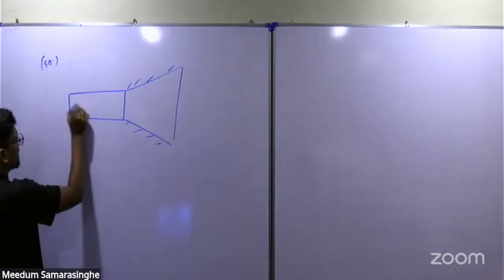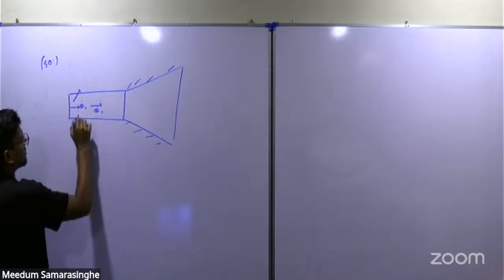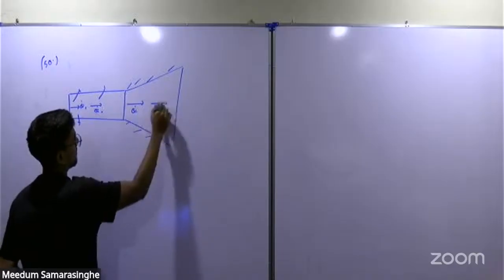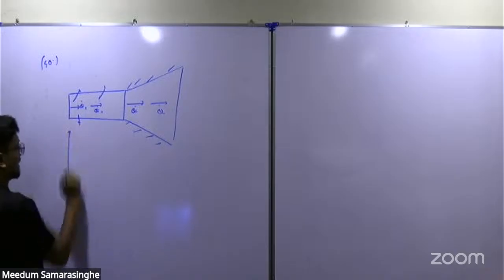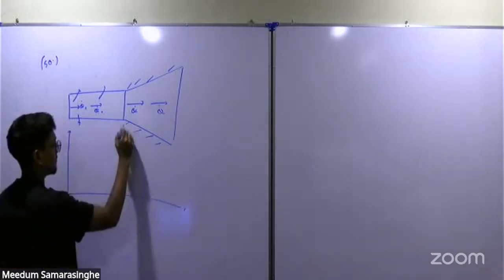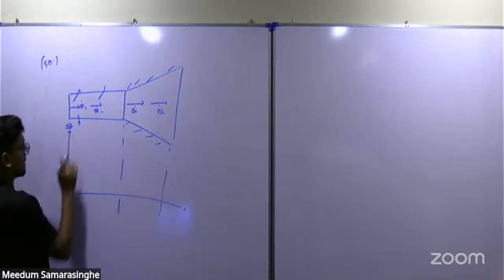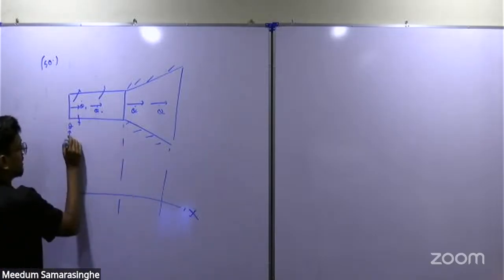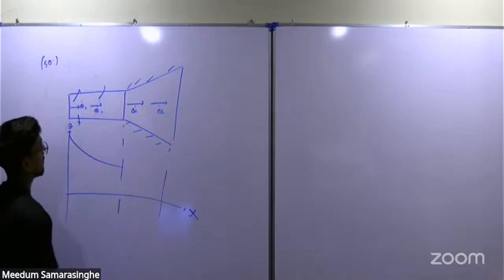When heat is traveling from here to here, the rate will vary, right? Why? The heat will be lost to the surroundings. But when it is traveling from there to there, let's say Q dot, the same heat flow rate will be maintained. When you consider the temperature with distance, there will be no uniform temperature gradient. The temperature gradient is decreasing like this.